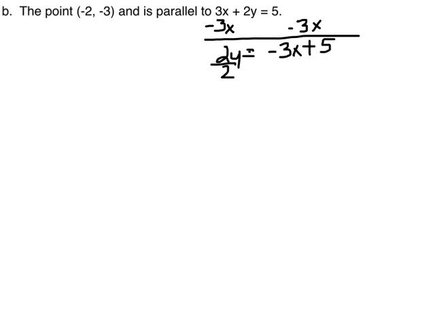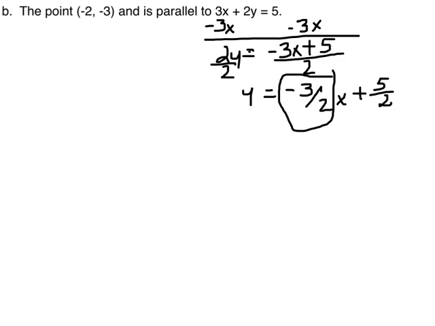Now I've got to divide everything by 2, and I find that y is equal to negative 3 over 2x plus 5 over 2. That's my original line, and I did that because I needed to find this slope, because it's going to be parallel, so it's going to have the same slope.